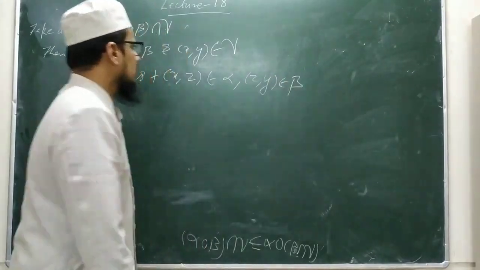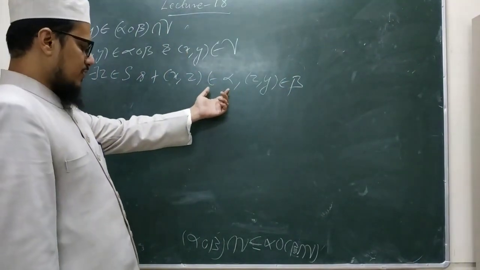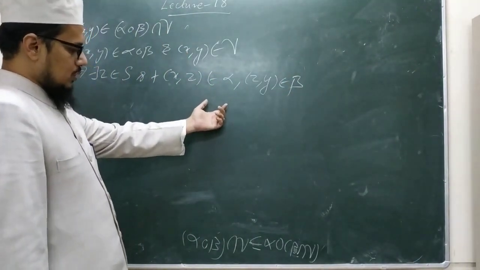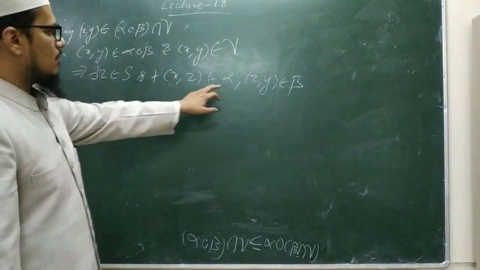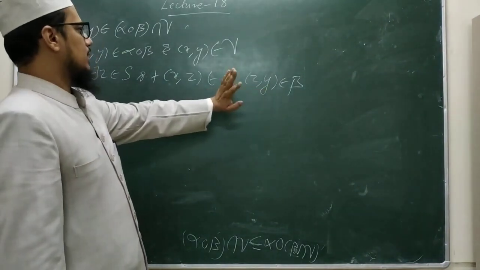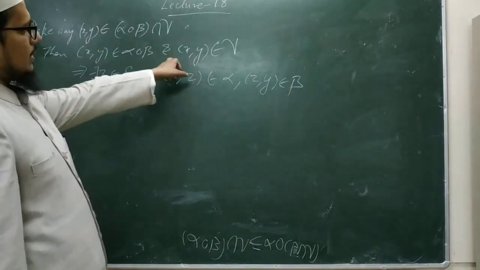Correct? Now see, what we have to show is that z comma y is in beta. We have this, and x comma y in gamma.